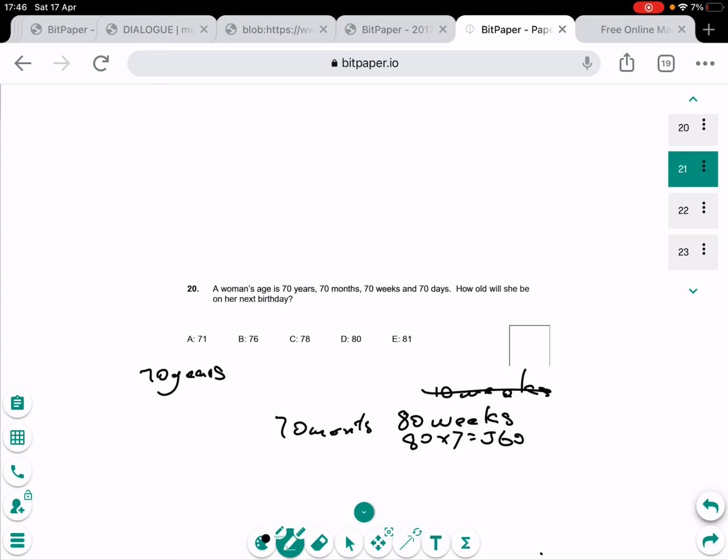So 560 divided by... Let's just take 30, because there's 28 and 31, so I don't really know what to count it as, 31 or 30.